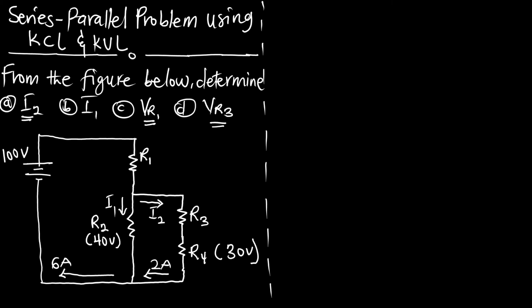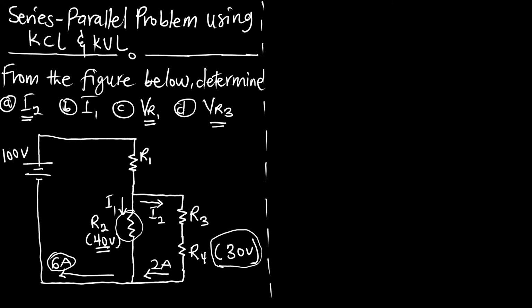When we look at the diagram, we have a 6 ampere current here that is moving, and we have resistor 2, and a 40 volt is measured across resistor 2. And when you look at resistor 4, we measure a 30 volt voltage across the resistor.